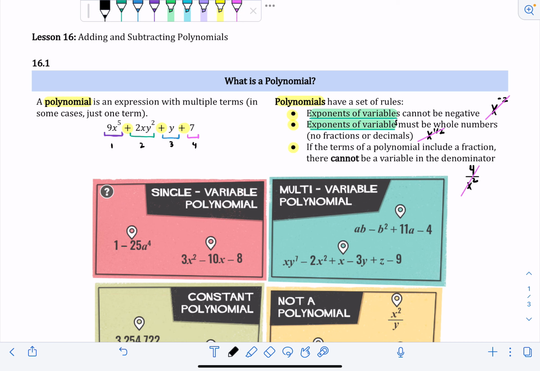But I can have fractions, that's okay. Let's say I had the other way around, I had x squared over 4. In this case, I don't have a variable in the denominator, so it's okay. It doesn't break any rules. That one would be okay. If you see the variable in the denominator of the fraction, that would make it not okay.